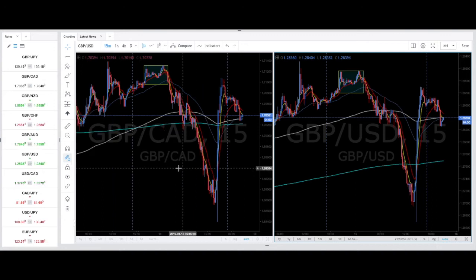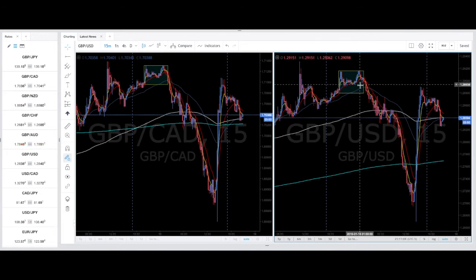They look identical. This happened at 1 o'clock. This happened at 1 o'clock. Identical patterns. You can't get any more identical than these two pairs. So it would have been the same exact thing that you did on pound USD, you would have done on pound CAD. You would have just taken it early.